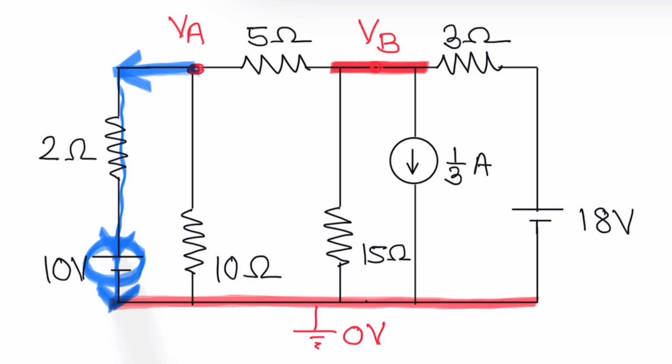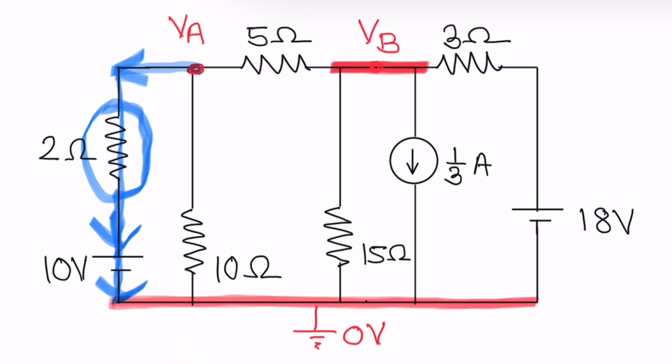So minus 10, and the denominator resistance is 2. How will the equation be? Let us write it down once again. VA minus 0 minus 10 divided by 2.